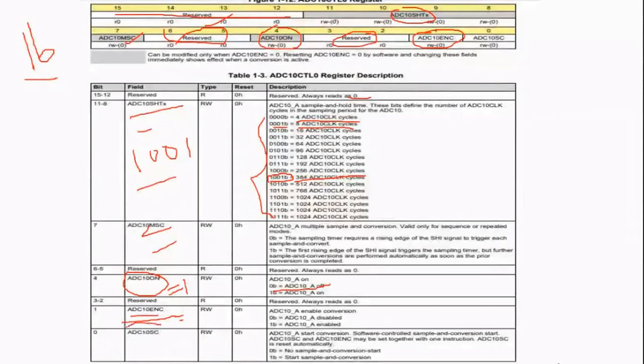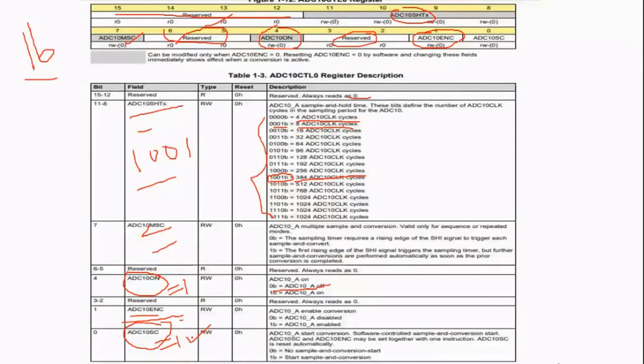Now comes the ADC10 SC bit. ADC10 SC means ADC start conversion. So when will it start conversion? When ADC10 SC equals 1, it starts conversion. If ADC10 SC equals 0, it will end conversion.